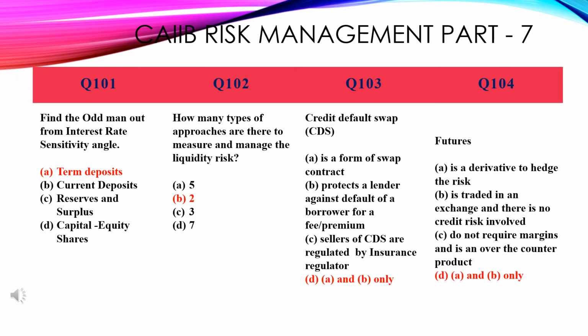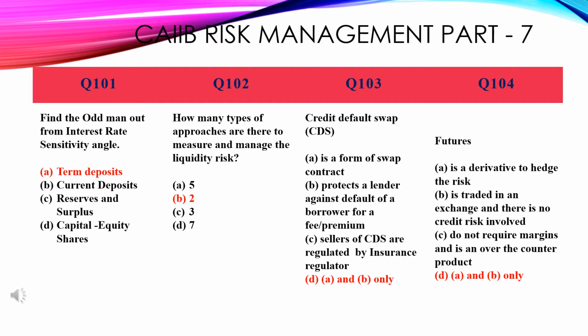So what is CDS? It's credit default swap. Remember that default. It is an agreement or a contract under which the CDS provider guarantees certain payments. The CDS provider assures certain payments to the CDS buyer in case of any default by the entity on whom the CDS is given.